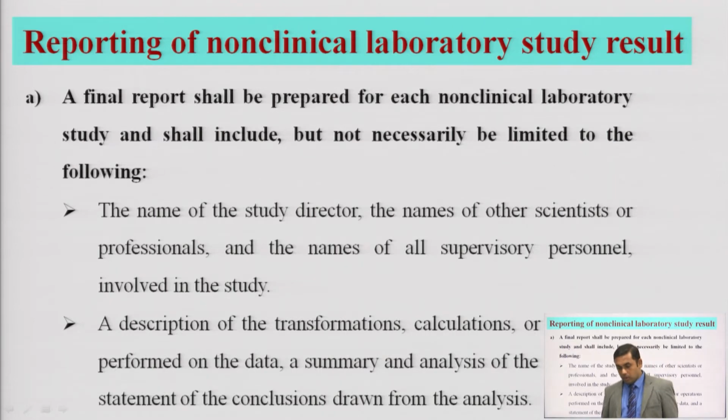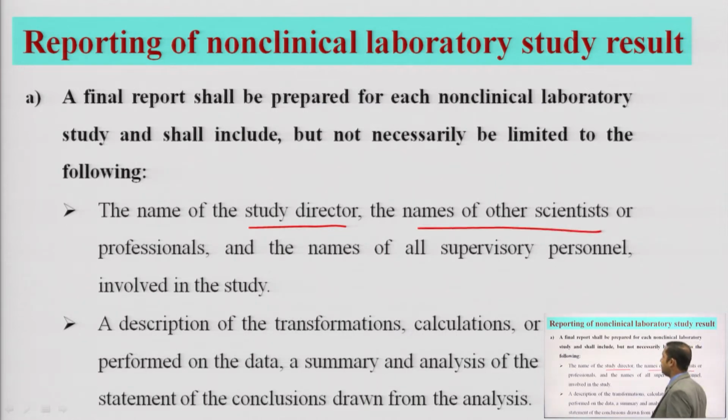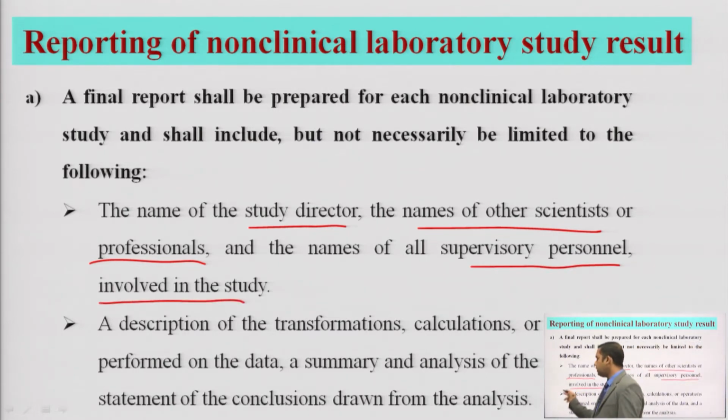If I tell you more, the name of the study director, very important, the name of the other scientists who are working professionals, and the name of the supervisory personnel involved in the study should also be included. In case you failed in this project, you have not received sufficient good data to proclaim that yes, our drug is working on cancer, in that scenario those people will be called.